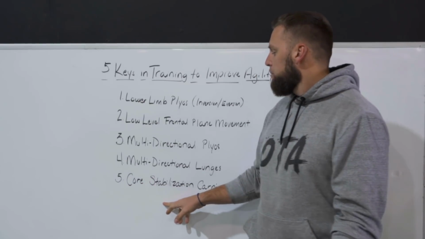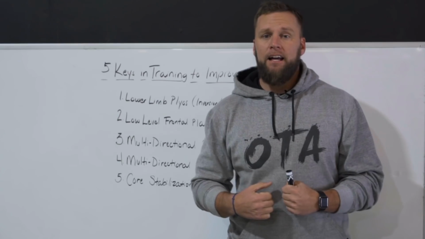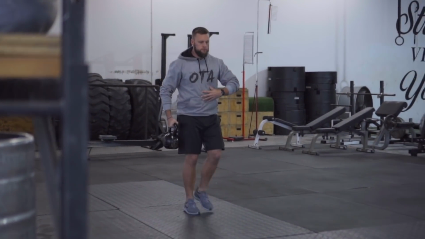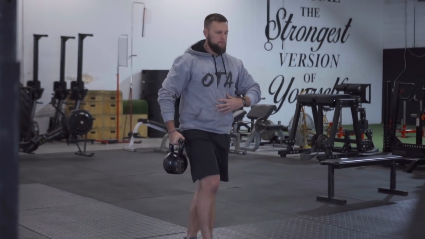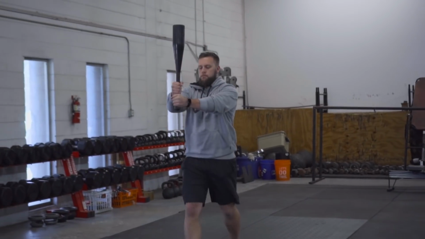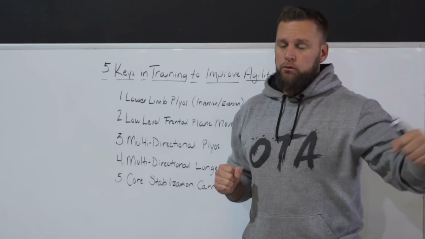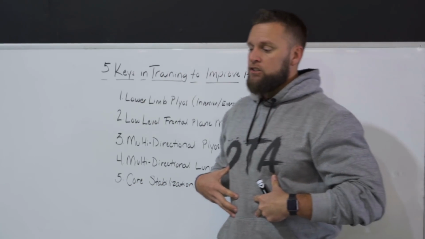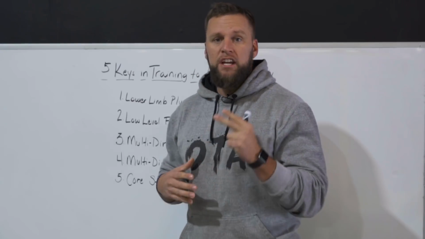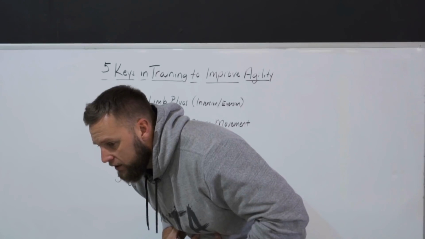And finally, last but not least, is going to be your core stabilization carry. So I like to carry, and I like to have anti-flexion, anti-extension, anti-rotation, and anti-lateral flexion. The reason why I love these is because if you break down an athlete who could stop on a dime, if he's diverting forces and he needs to change directions rapidly and go the opposite direction, what you'll notice is it takes a great deal of stabilization, all those intricate muscles up and down the spine, for that upper half not to collapse over, right?